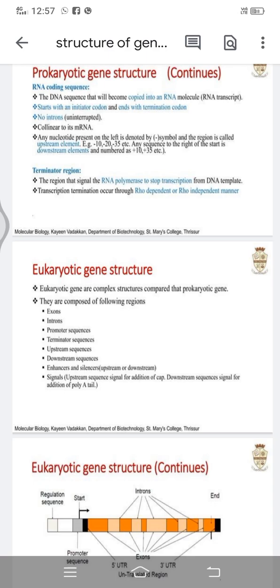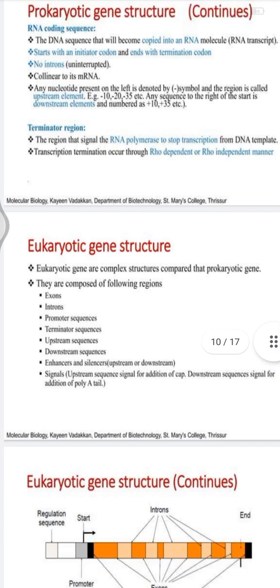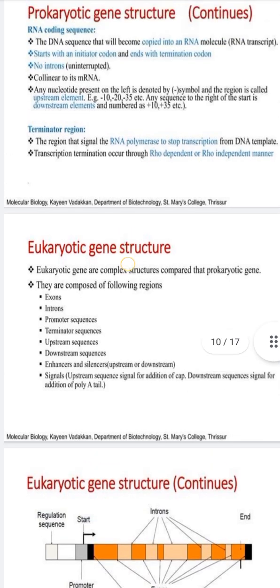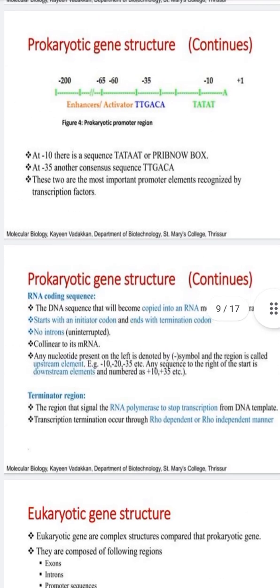Introns are not needed for coding, so only the exons we need. So we'll have the upstream elements, downstream elements, everything. These are the basic things which will help for the prokaryote.